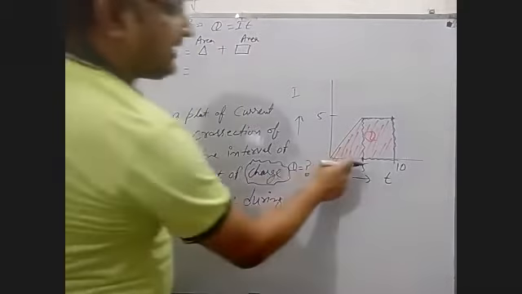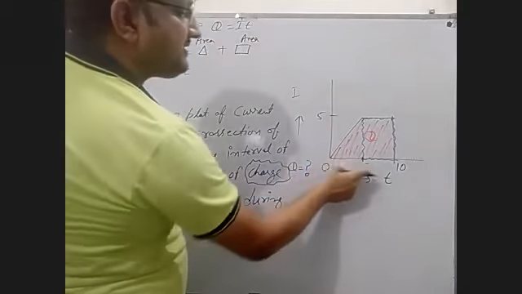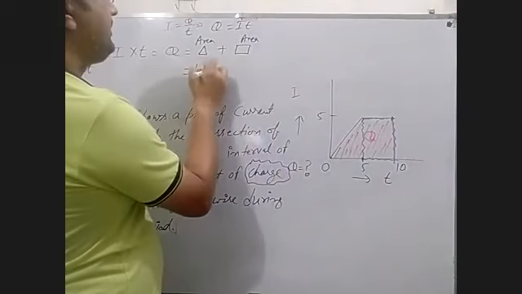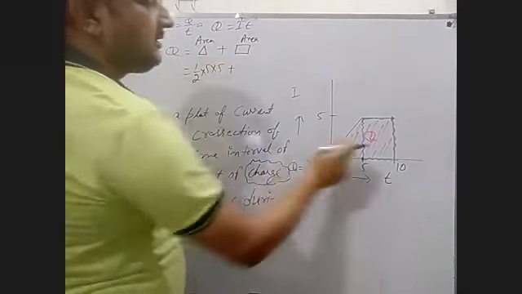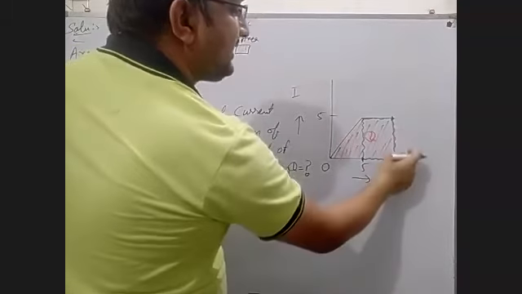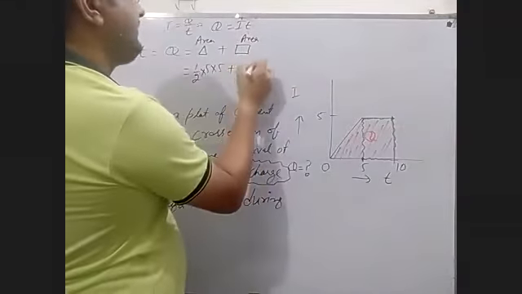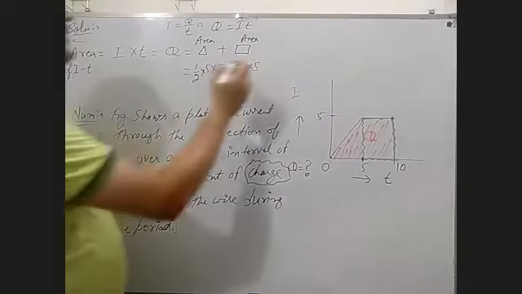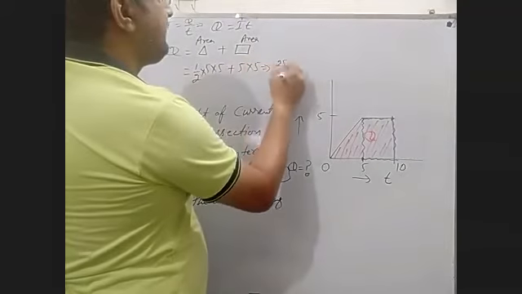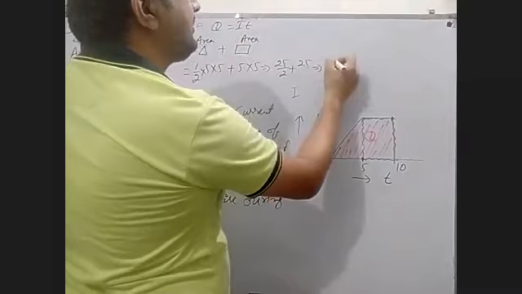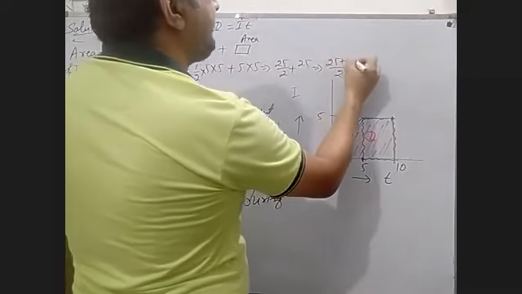In a triangle, half into base into height. Base is 5, height is again 5. Half into base into height, plus for the rectangle, this difference is 10 minus 5, which is 5, and this is again 5, so 5 into 5. Now what will be the value? 25 upon 2 plus 25. 2 is the LCM, so 25 plus 50.